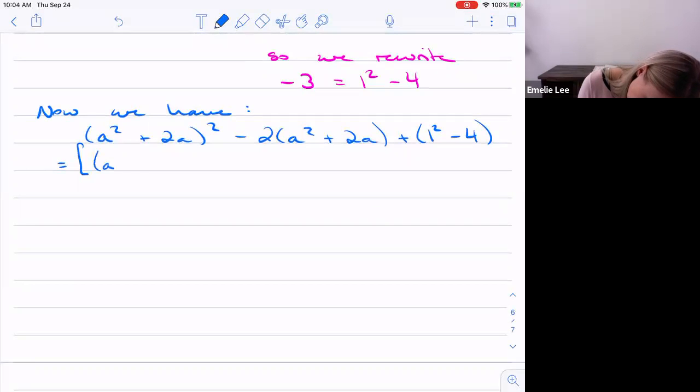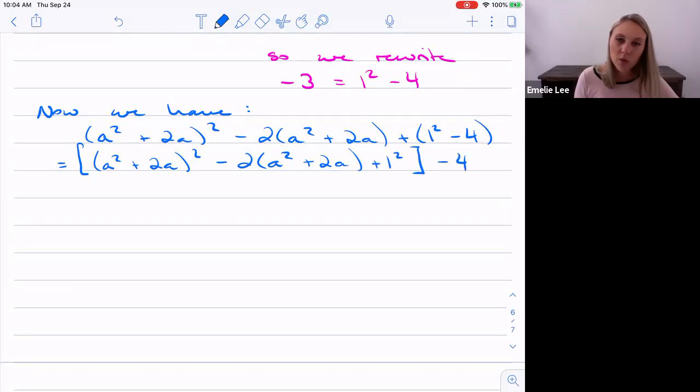In fact, I didn't really need brackets around here, it would just be plus 1 squared minus 4, but I wanted to show that it was from the same term, -3. I'm allowed to group these together and then have the -4 on the outside.